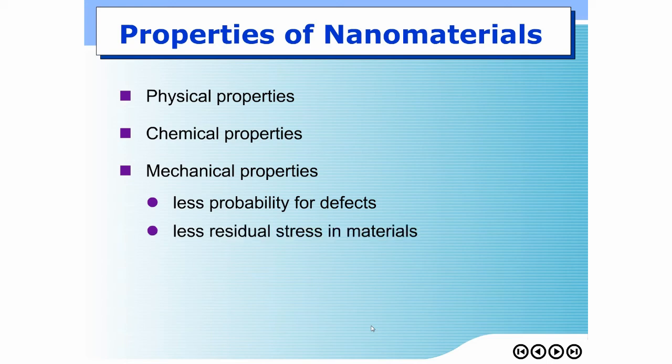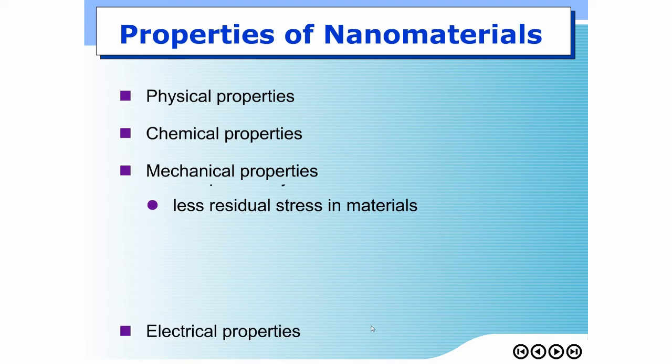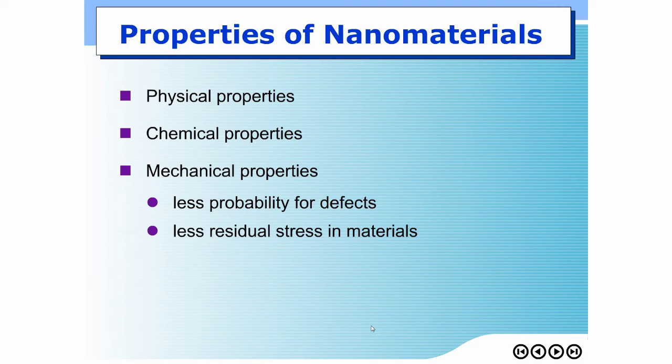If you have a lower probability of forming defects, the stress inside the nanomaterial is usually very small. So that should give you higher strength than conventional materials. People have said that carbon nanotube has very high strength. It can withstand the weight of a car. Okay, something like that.